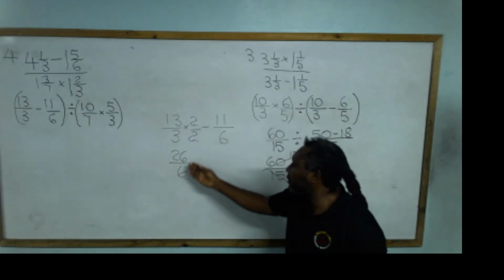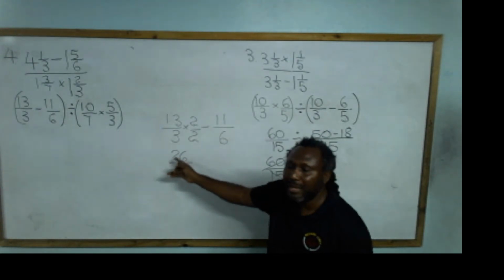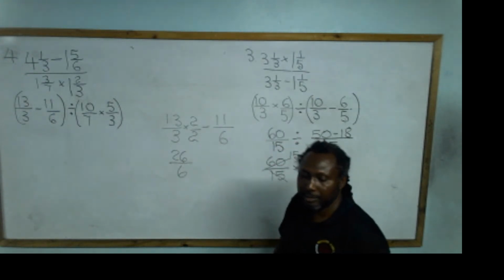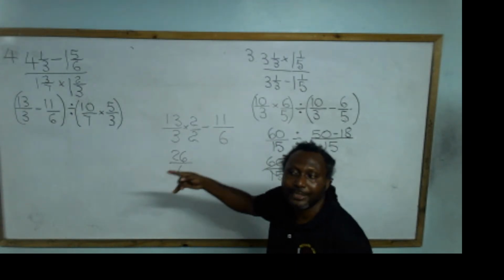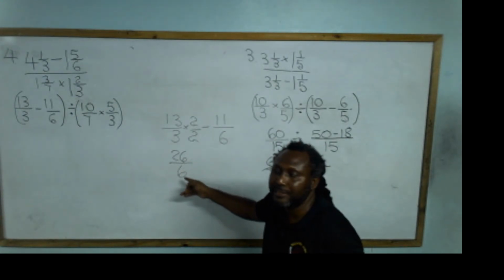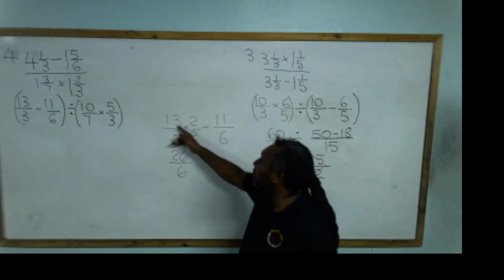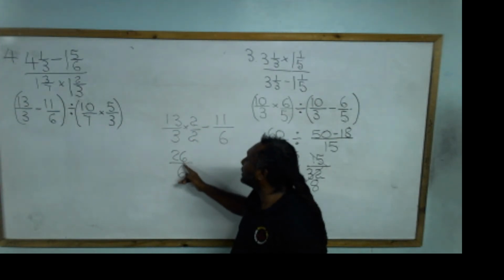Of course, this is 26 over 6. If you simplify this by a common factor of 2, you will get back your 13 over 3. So this is still 13 over 3. If you write it in its simplest form, it is going to be 13 over 3. But if you do this in your mind, multiplying both numerator and denominator by 2, you're going to get 26 over 6.